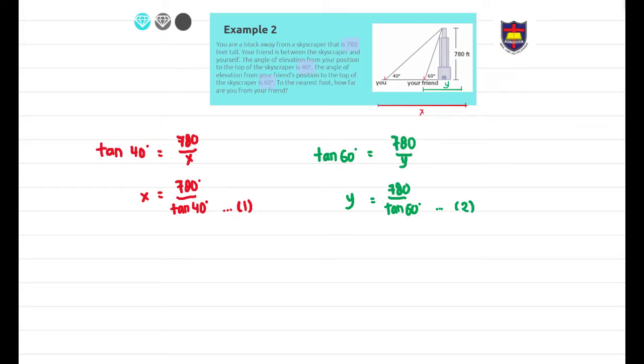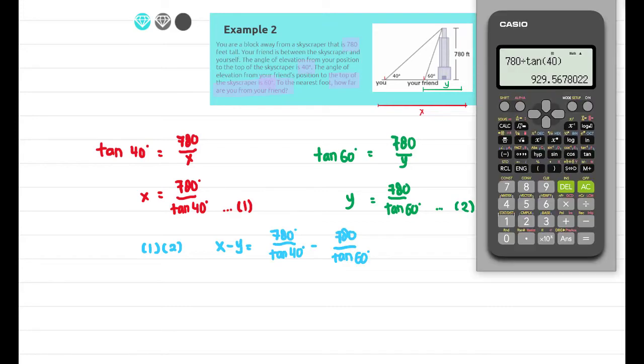Join those two equations together, we will have the difference. Here we need how far you are from your friend, so we need the distance between x and y. We will subtract, then we will have x minus y equals. So let's calculate it using a calculator.